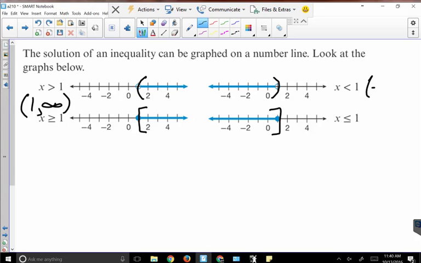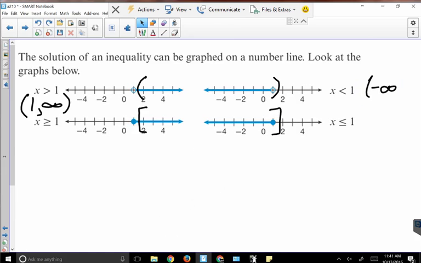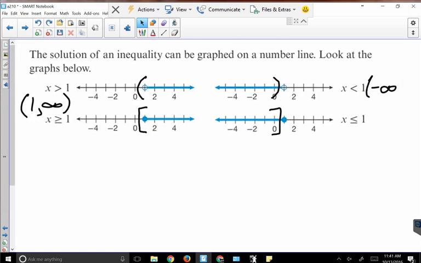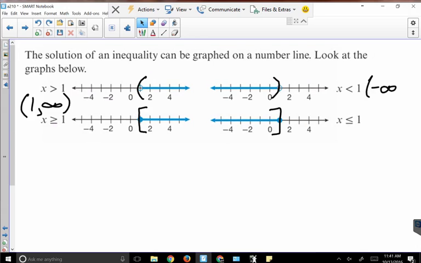For this one over here, it would be negative infinity, and then comma 1, parenthesis.